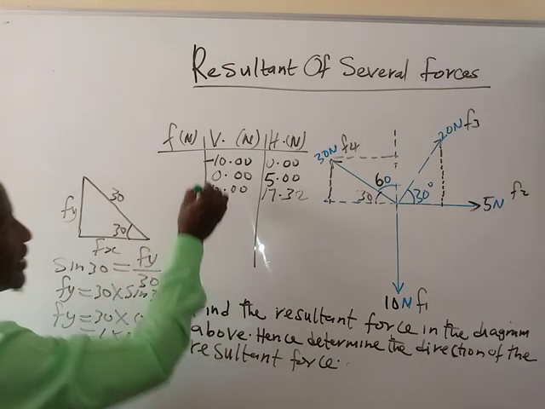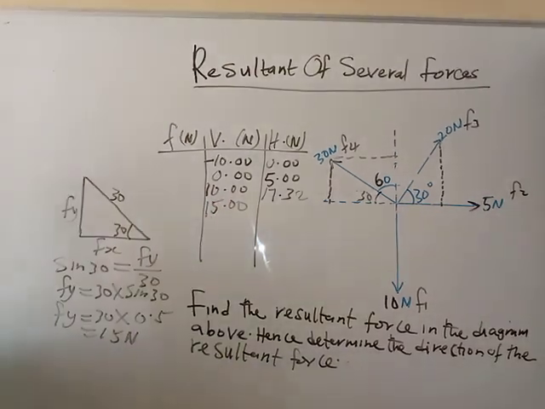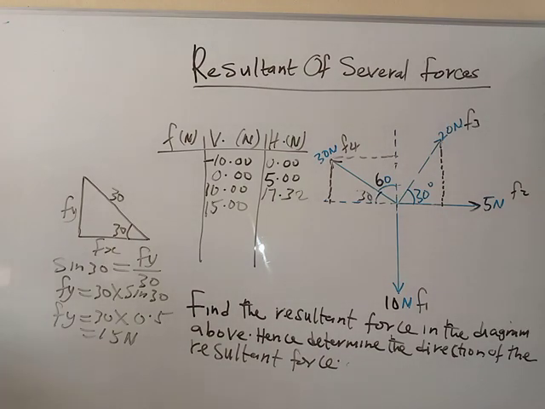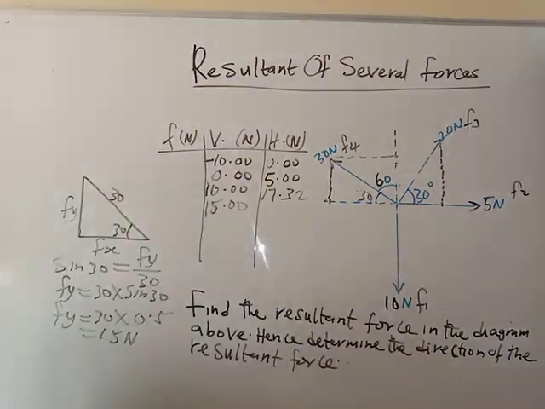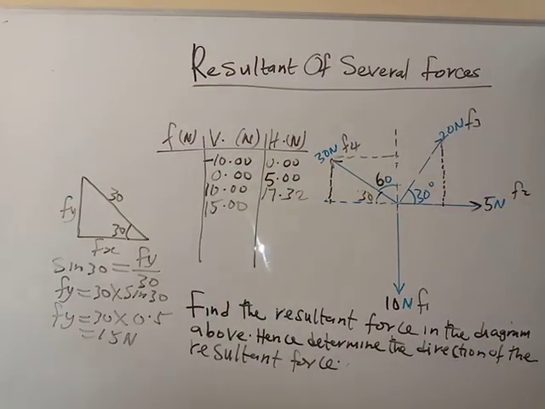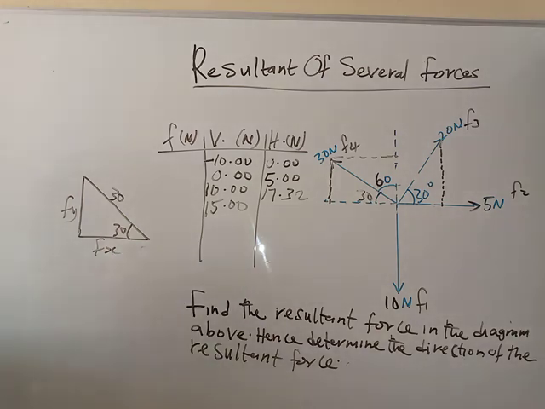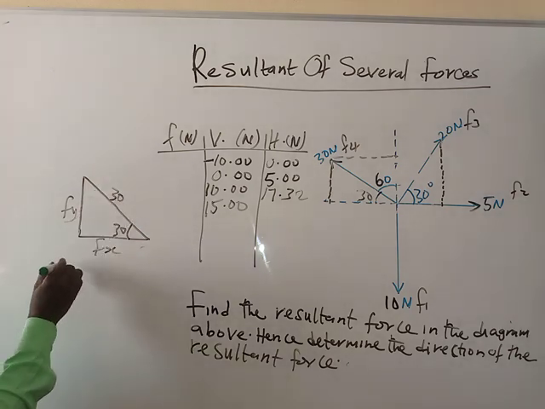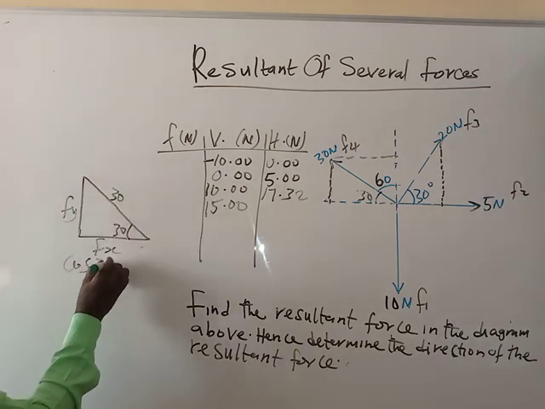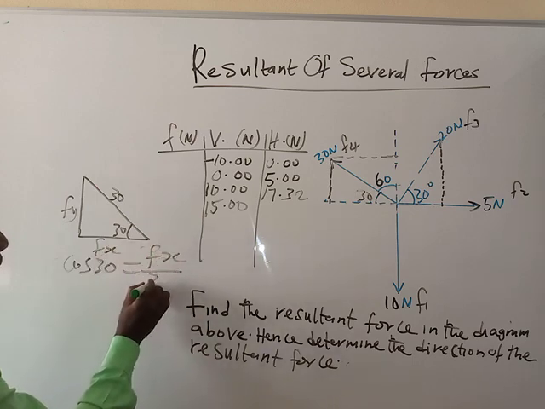You write it here, 15.00. Then to get the horizontal component, look at the horizontal component now. It's to the left, so it will come with negative. To get the horizontal component, we combine this and this, which is cos. So we are going to have cos 30 is equal to Fx over 30.